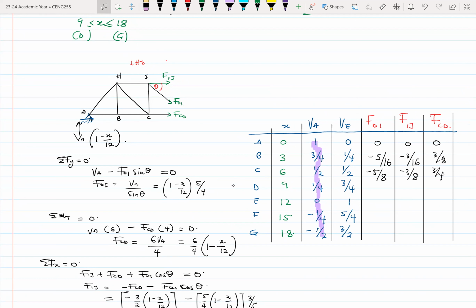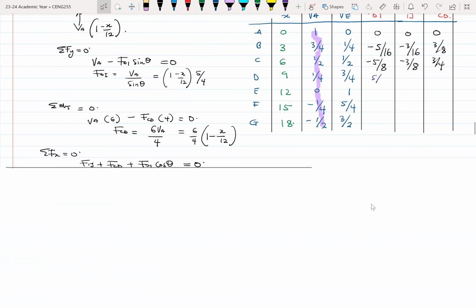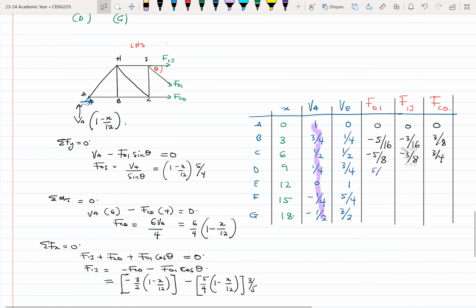When X is 9, for FDI we get 5 over... I have this thing nicely drawn, and I think I zoomed. I made it bigger than I was supposed to. Just give me a second again.